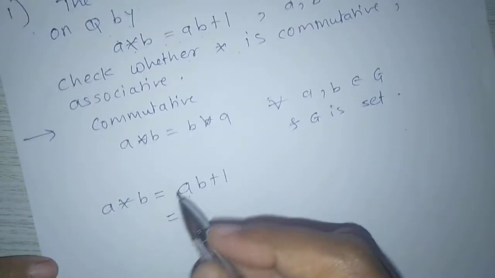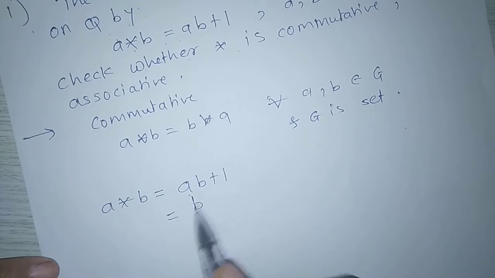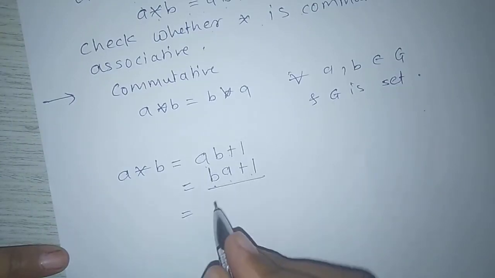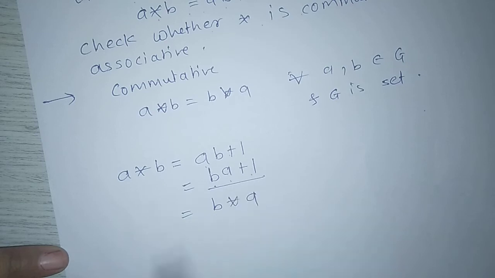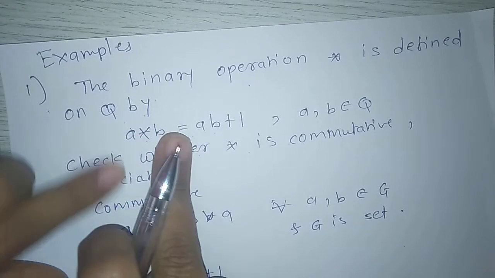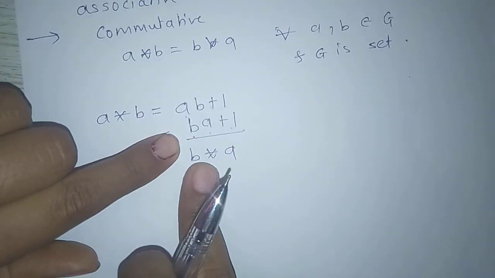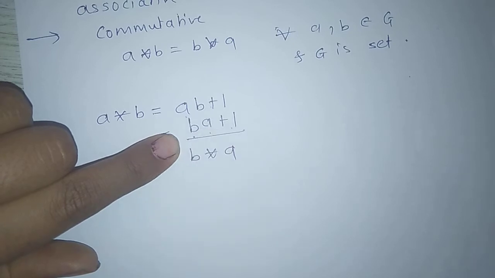AB plus 1 can be written as B into A plus 1, since AB equal to B into A, we know that. And B into A plus 1 is the definition of B star A. In A star B, the first element multiplies the second element, and here too, first element star second element.